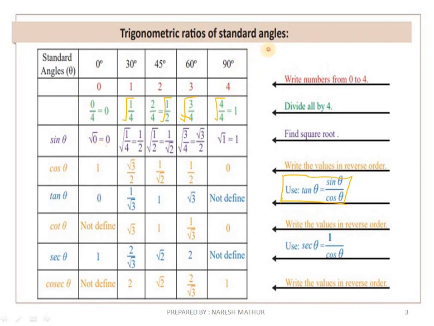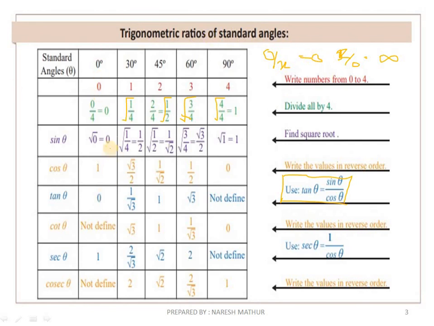Two things you need to learn: 0 upon something is always 0, and something upon 0, let's say x upon 0, is always infinite. Infinite, not defined, undefined, we can say any of them. We can write it as not defined, or we can write it as infinite also.